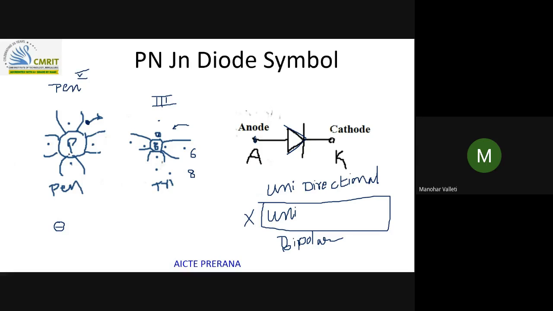If this electron is lost, now positive charge carriers will be more, right? This electron is the negative charge carrier, so positive charge carriers will be more.